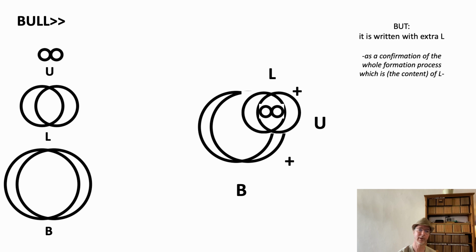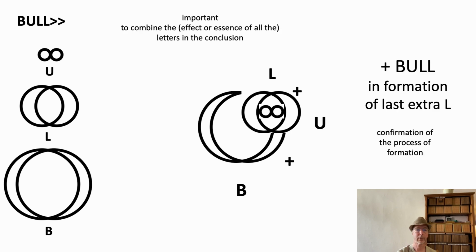So in the end, we have in the content of the extra L, which is the letter of formation, how things are formed. So in this formation process, the whole formation process has to repeat itself and conclude itself in that part. So this means that we have the bull idea that you have to see in the extra L in the end.